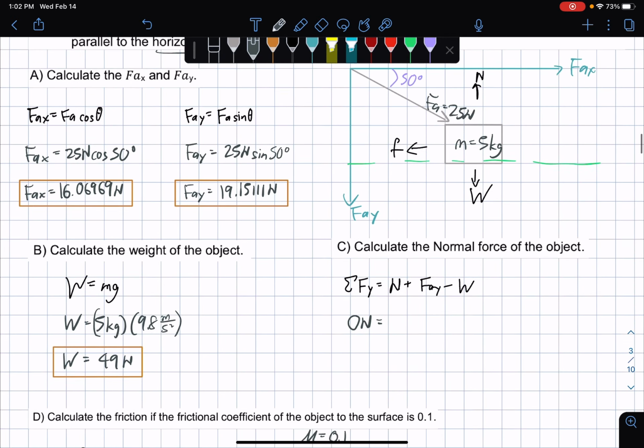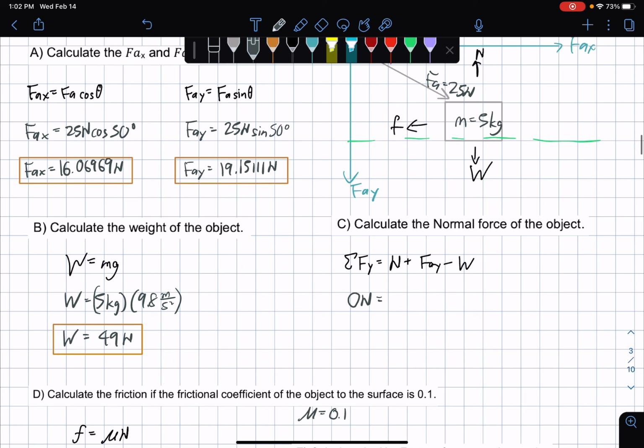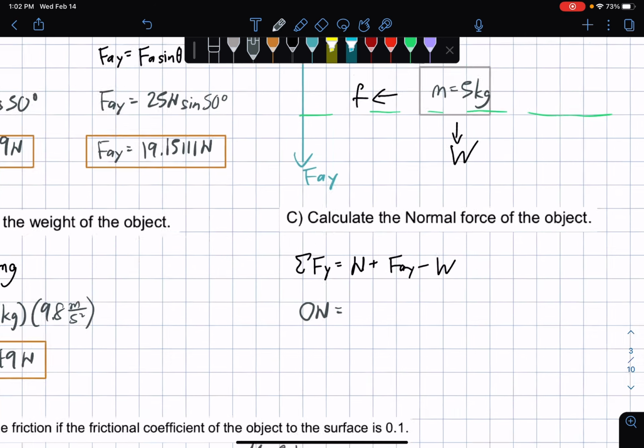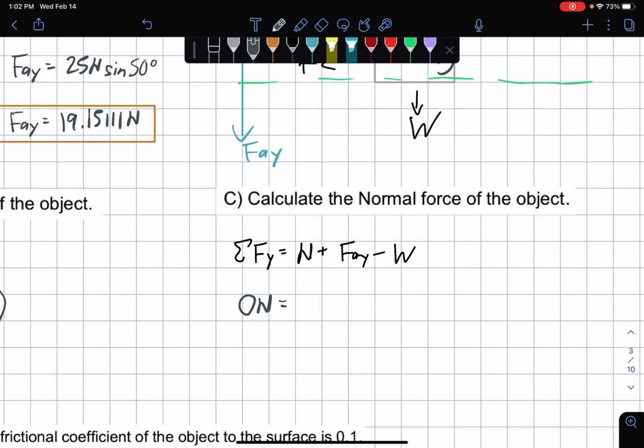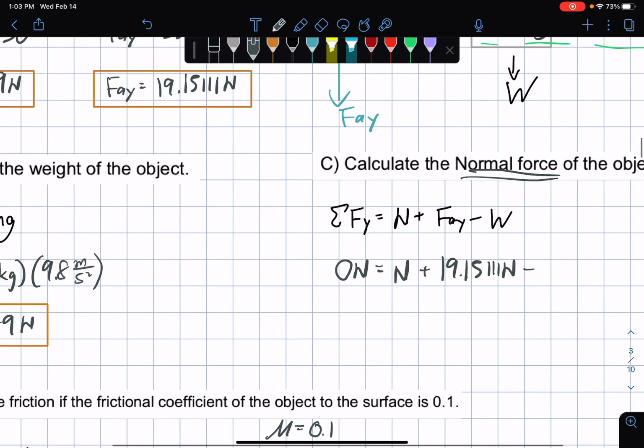The normal force we don't have, the weight we do, as well as FAY. So I believe we're supposed to look for the normal force. Yes, I just read this now, and that's what we're going to look for. FAY is 19.15111 newtons minus the weight. Weight is 49 newtons.